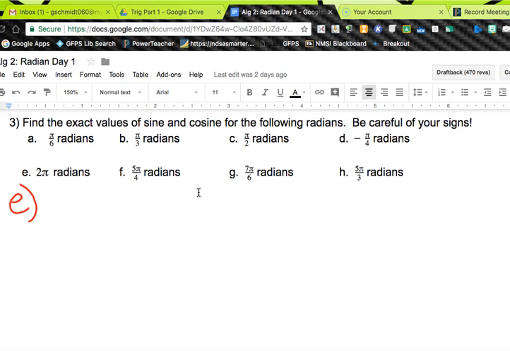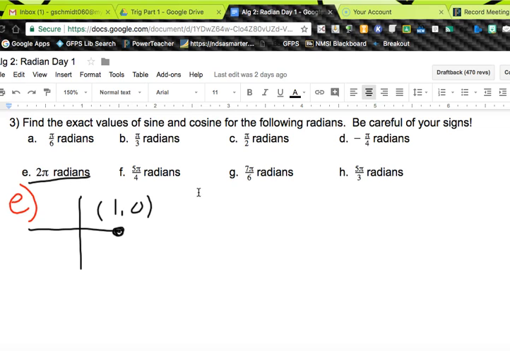So 3e is 2 pi radians. That one you need to know. If it's one that's just straight up on your circle, you just need to know that 2 pi radians is how many degrees? 360. So 360 right there. If it's on one of the corners, can you make it into a triangle? No. So write down your ordered pair. What's your ordered pair right there?